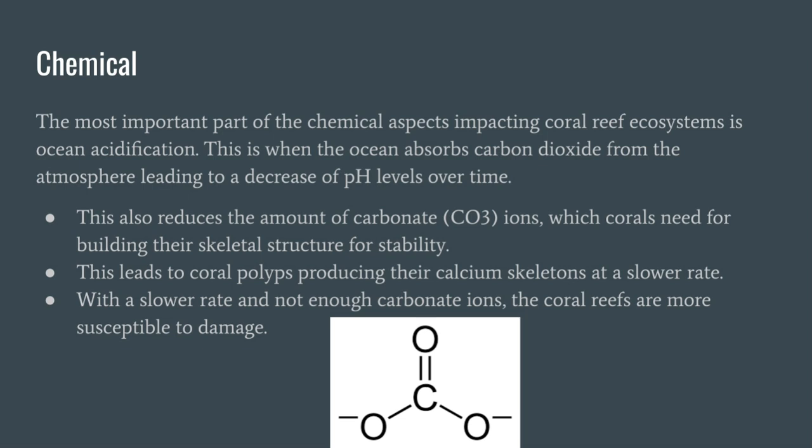This leads to coral polyps producing their calcium skeletons at a slower rate. With a slower rate and not enough carbonate ions, the coral reefs are more susceptible to damage, aiding in literally everything else like climate change and pollution. It's very destabilizing to the coral reefs.